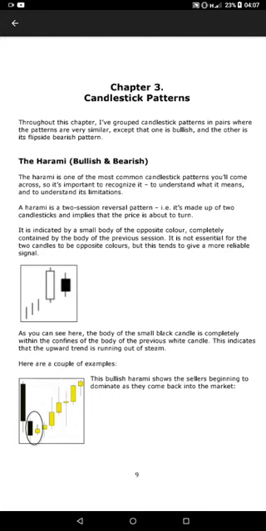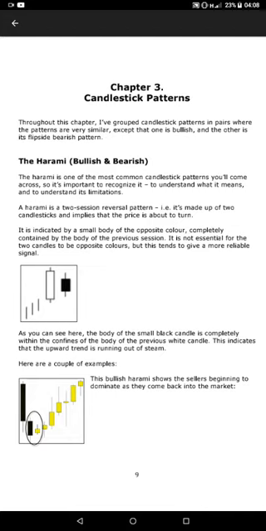It is indicated by a small body of the opposite color completely contained by the body of the previous candle. It is not essential for the two candles to be opposite colors, but this tends to give a more reliable signal.